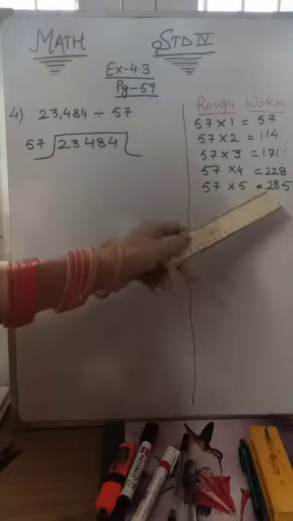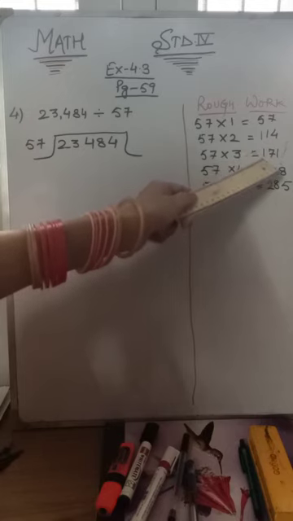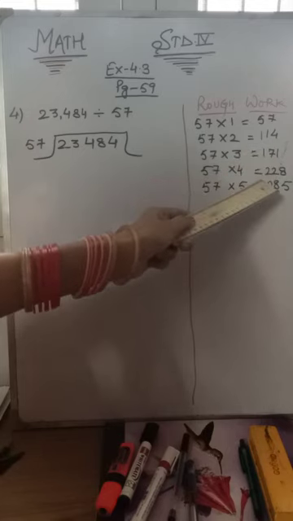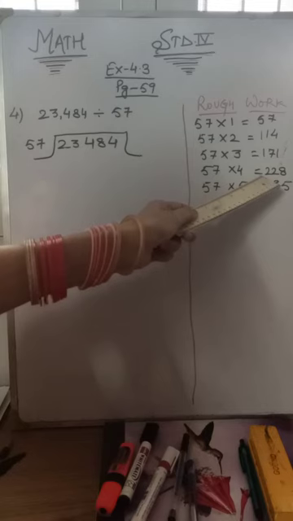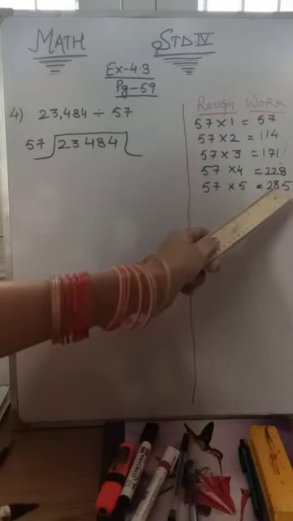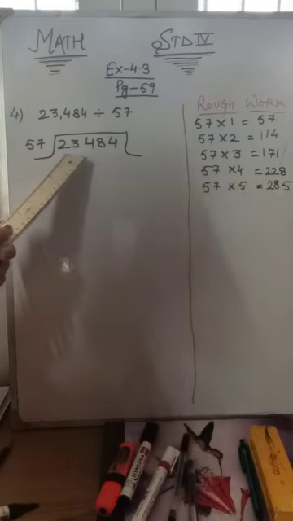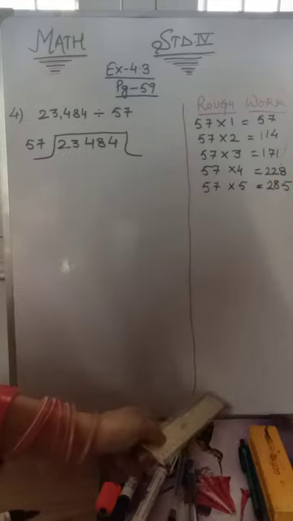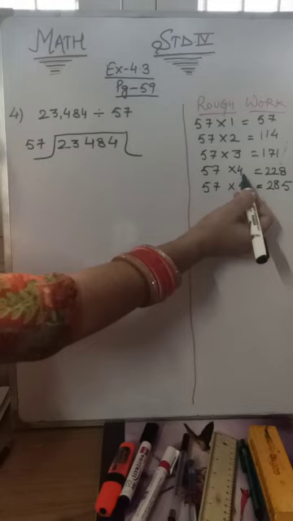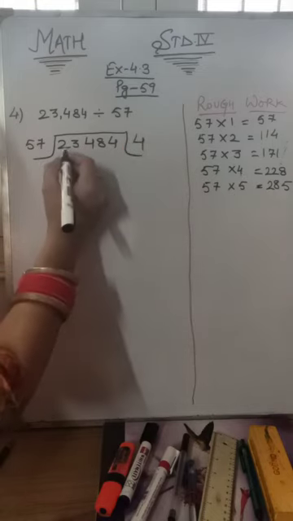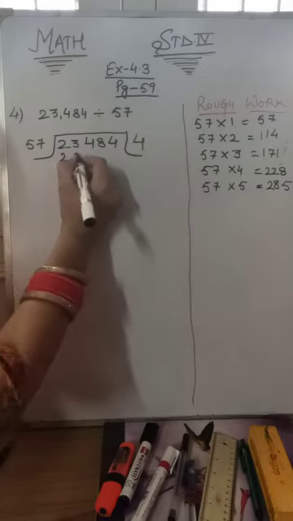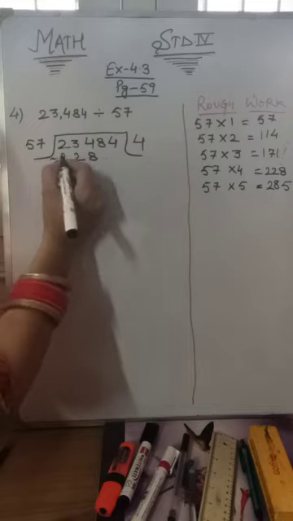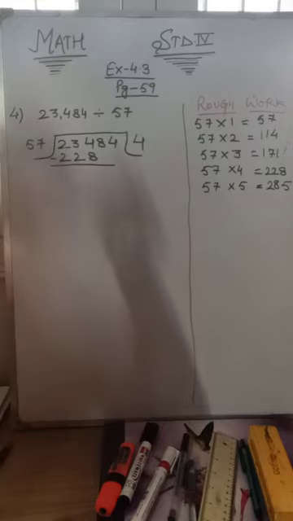So let's check. 171 is smaller than that. 228 is also smaller than that. 285 is greater than 234. So we will take this number 228. It comes at place number 4. 57 fours are 228. We will subtract this.